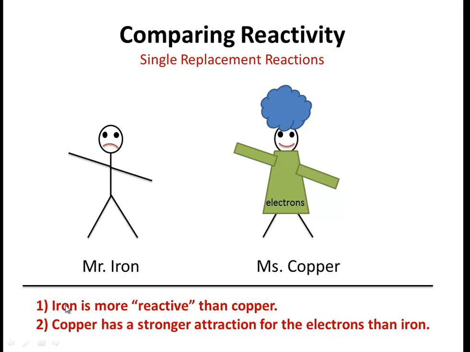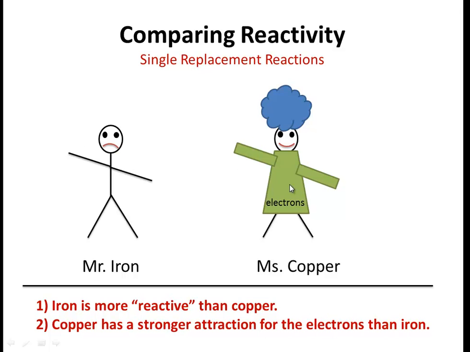It's more reactive in the sense that iron is more willing to give up the electrons. In general, keep in the back of your mind that what makes an element reactive is its propensity to give up its electrons. But conversely, the other side of the coin is that copper is showing a stronger attraction for the electrons than iron.